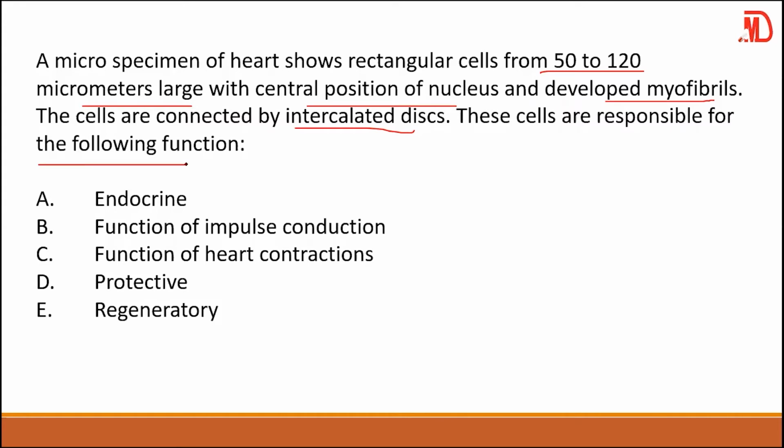Of course, first of all, we know it's muscles, and now we know that intercalated discs have to deal with the heart. So this deals with the functions of heart contraction. So that is the cell. We're talking about cardiomyocytes or myocardial cells. So the answer is C.